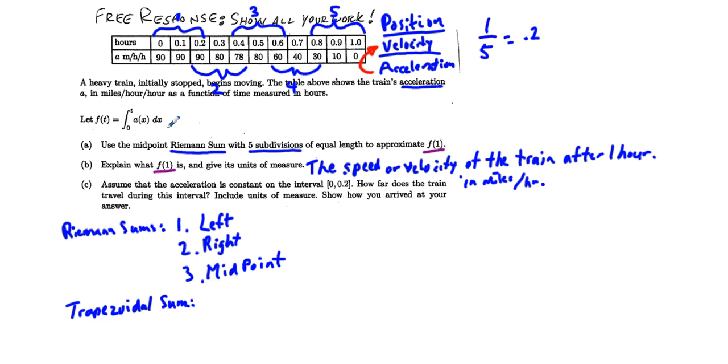And so to write this, we're going to say approximation. Sometimes you use estimate of. Okay, we'll have 0 to 1, not 0 to t. We're going to have the integral of a of x dx is going to be v of t, which is our velocity, which equals, we're going to put in 5 subdivisions.